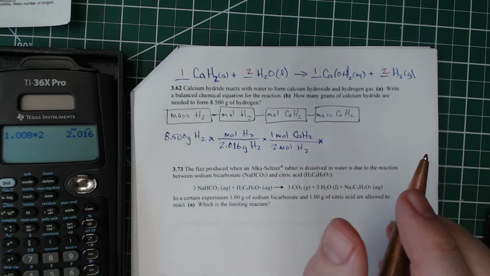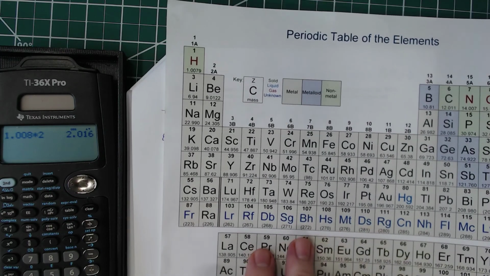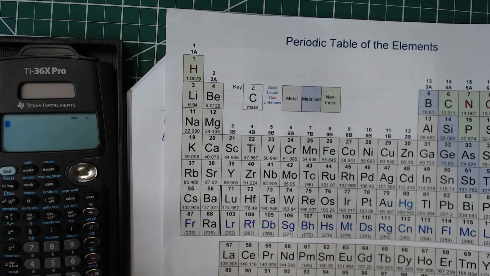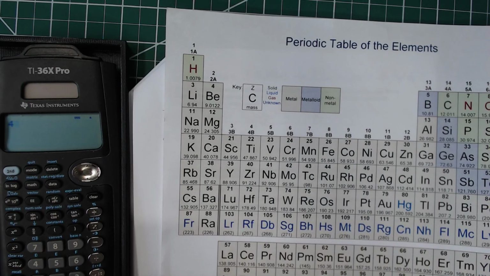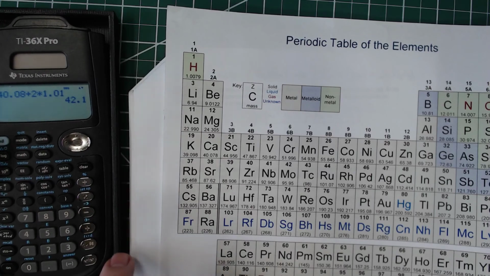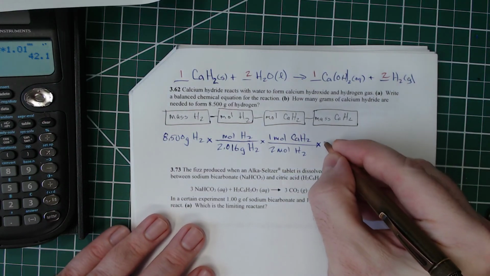We want the molar mass. And get the calcium here. So 40.08 plus 2 times 1.01. And that gives us 42.10. We'll go out to the hundredths place. So 42.10.